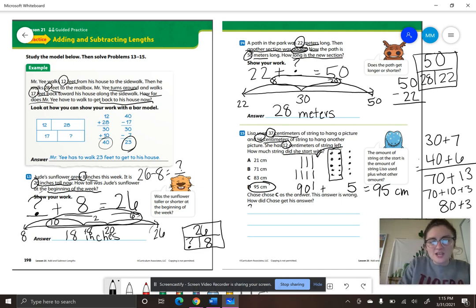So let's write that. Chase only added the first 2 parts, 37 centimeters and 46 centimeters.